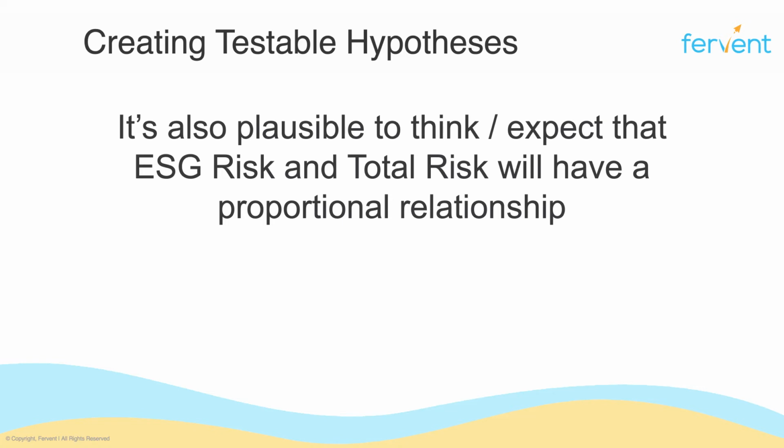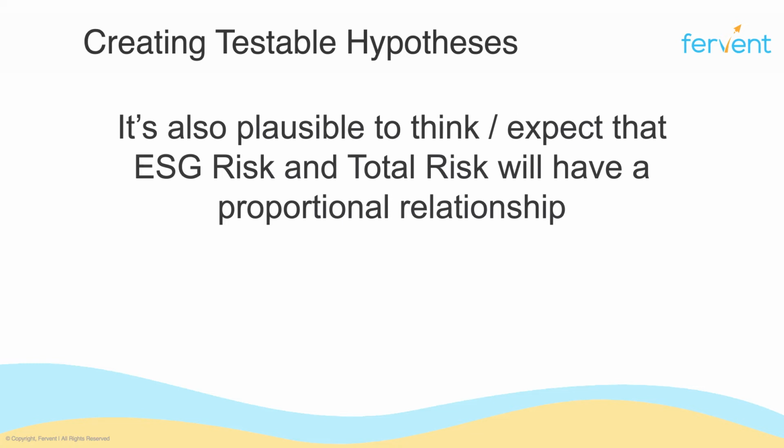I mean, if we think about the opposite effect, so an inverse relationship, why would you expect there to be an inverse relationship between the two, right? Because for that to be true, what that would imply is that the worse a firm's governance, the lower its risk, right? Because the worse a firm's governance, the higher the ESG risk, because remember, ESG risk is greater for firms with weaker governance.